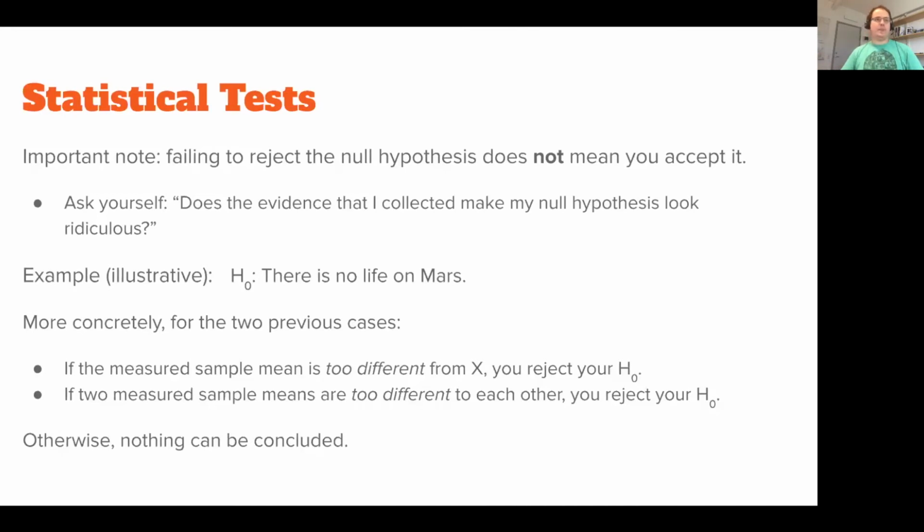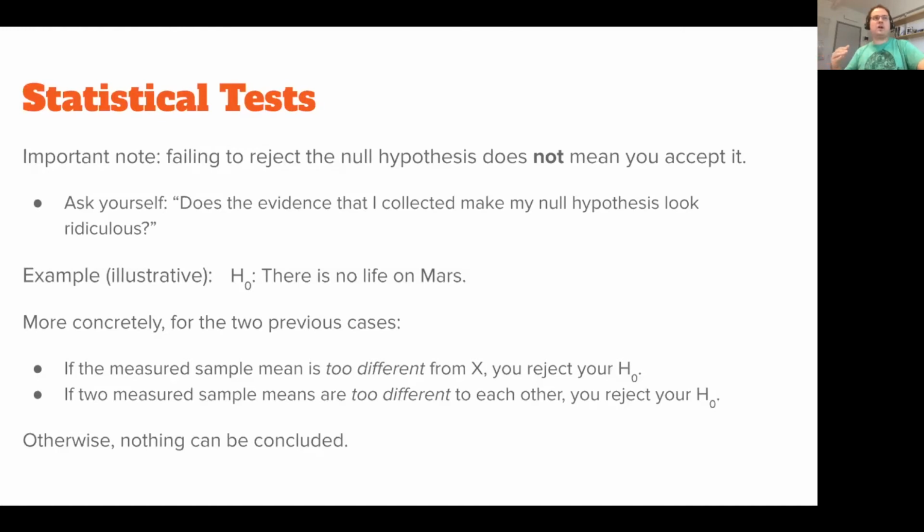Now, if no one managed to find any traces of life on Mars, then we failed to reject our hypothesis because we could not find any evidence to the contrary, or any strong evidence that would point to the rejection of our hypothesis. So we are forced to maintain our hypothesis.